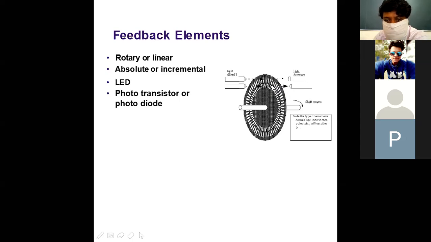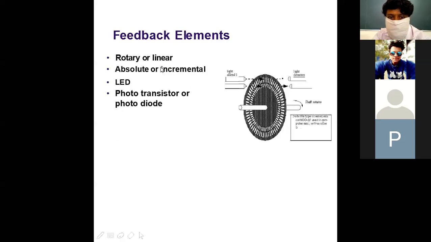So whenever the light passes through the groove, the light detector detects the light and sends the feedback to the system, the MCU or machine control unit. So this is how we get the feedback from this particular type of system. Okay, so this is called a rotary or linear type of feedback element.